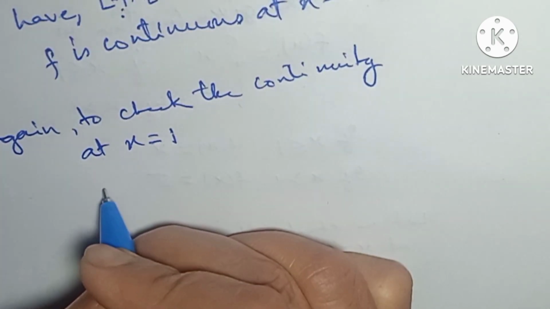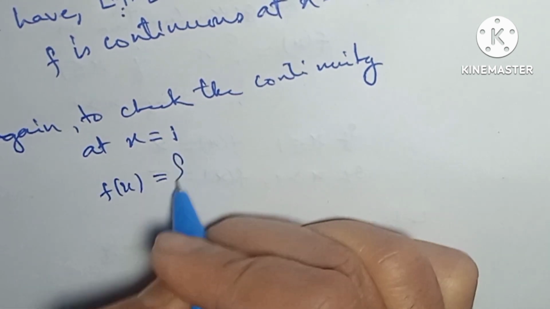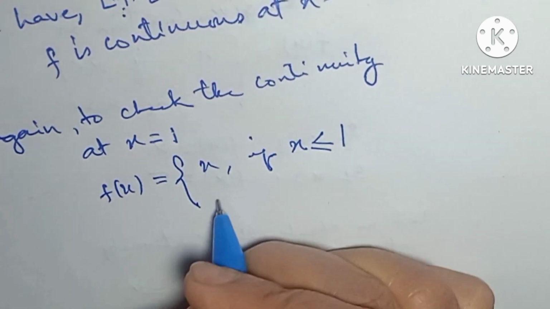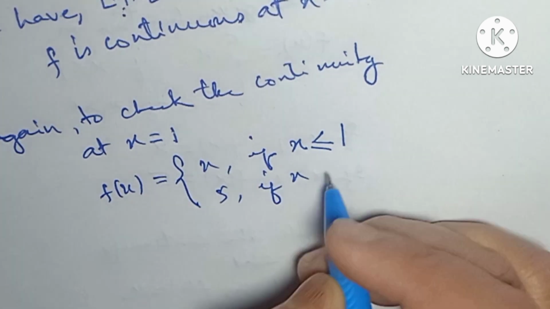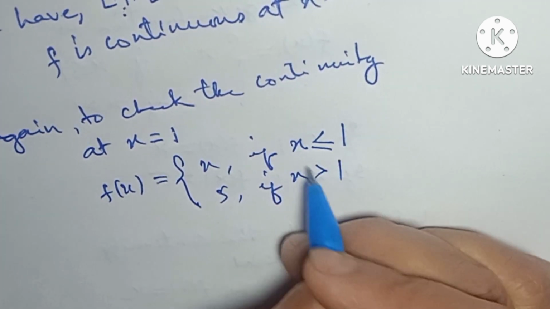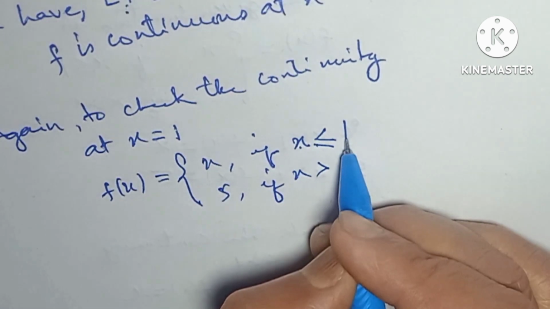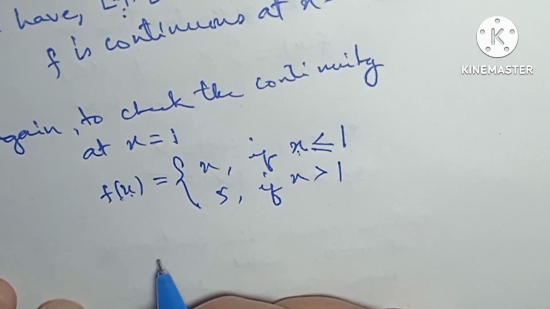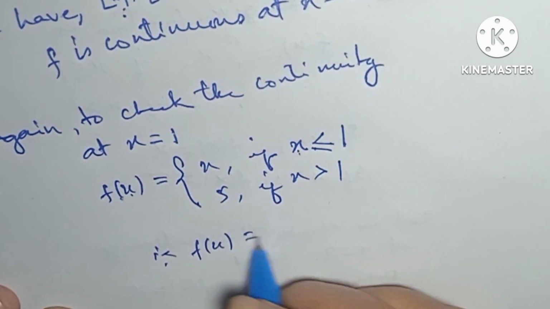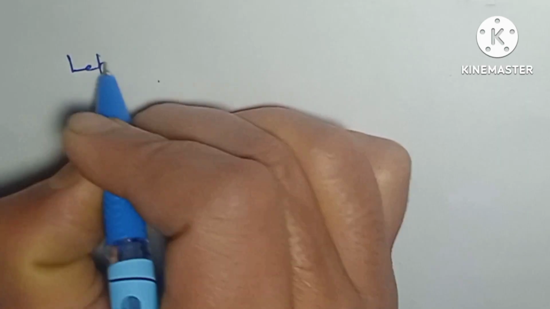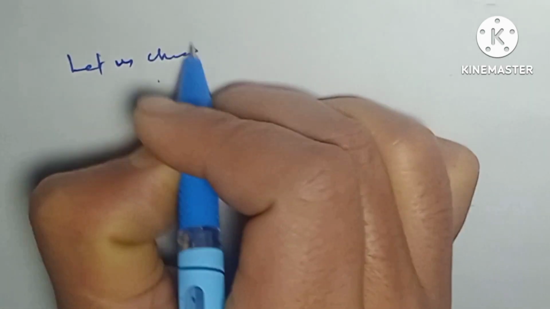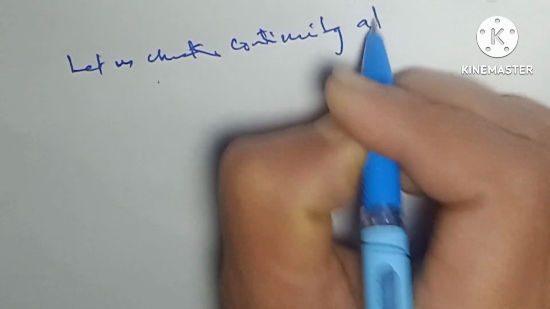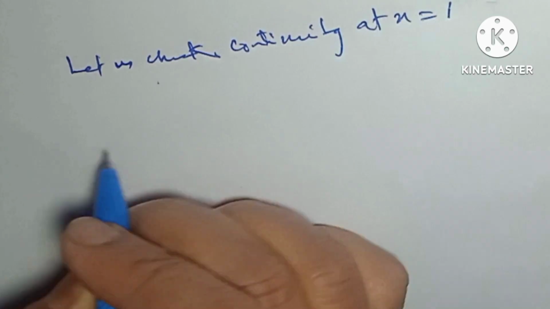Given function is f of x equal to x if x is less than or equal to 1, 5 if x is greater than 1. Here x equal to 1, so the value of f of x is taken as x. Let us test the continuity at x equal to 1.